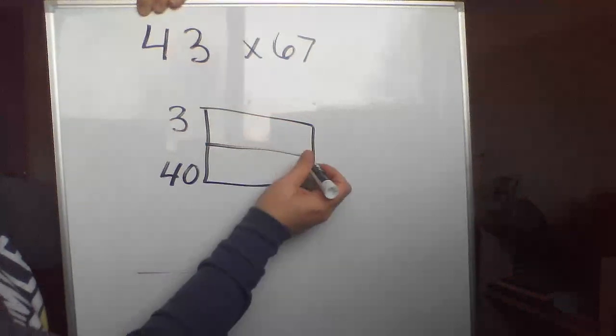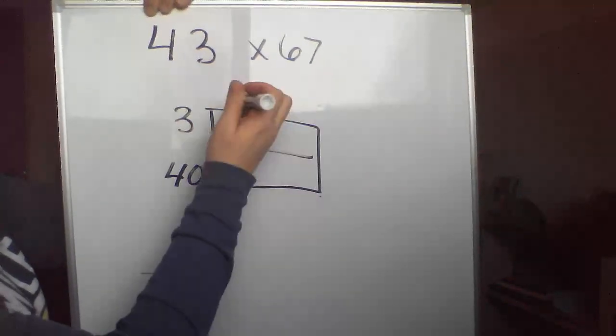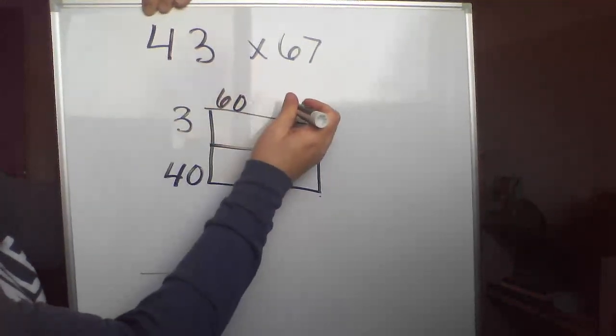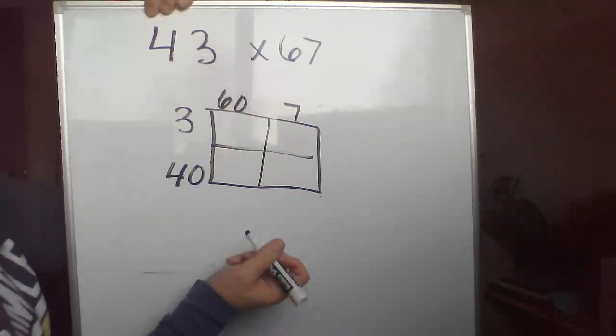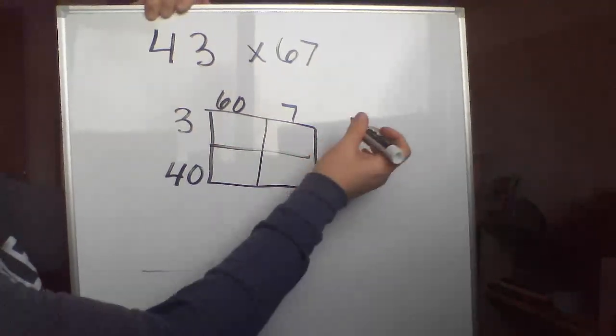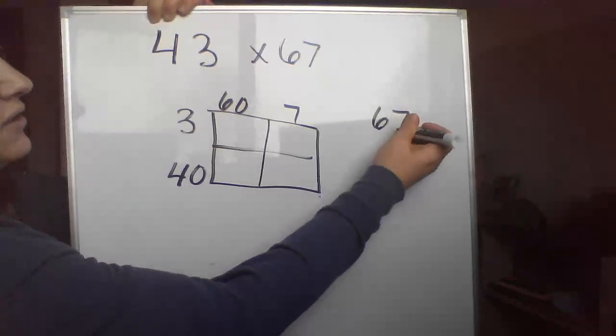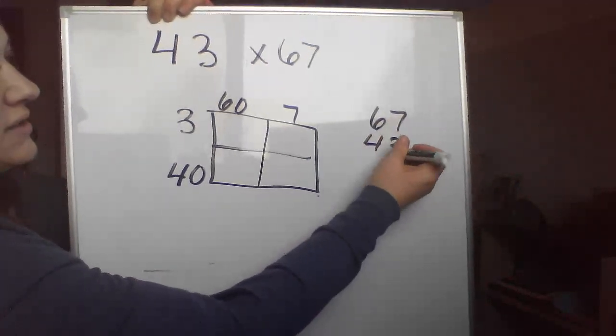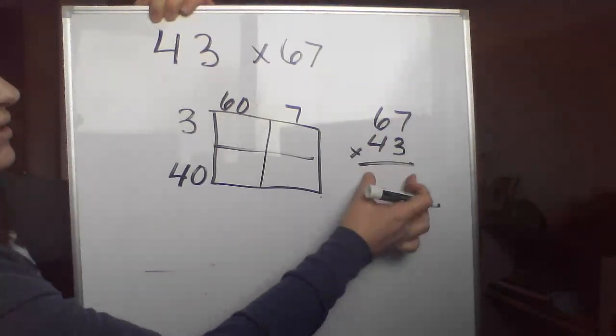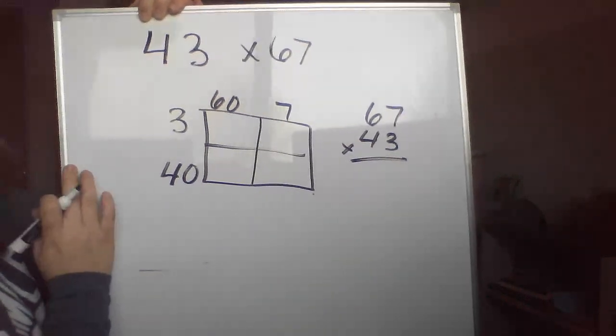And then we're going to draw a line, and we have 67. Okay, then we multiply. We can set up our standard algorithm over here to connect and add up our partial products.